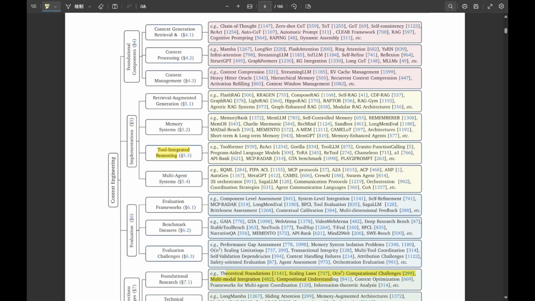It's a field that's rapidly moving from focusing on isolated components to designing these complex integrated architectures. And the challenges are growing just as fast. Exponentially. It demands increasingly interdisciplinary thinking, combining insights from computer science, cognitive science, linguistics, systems engineering.